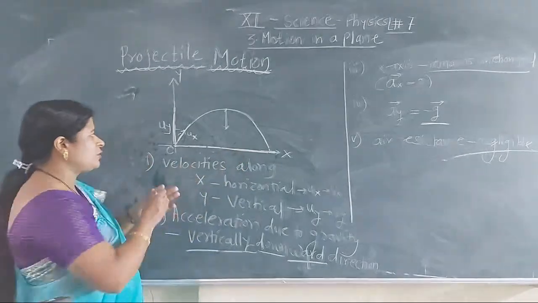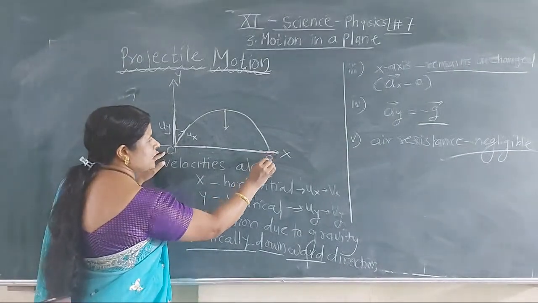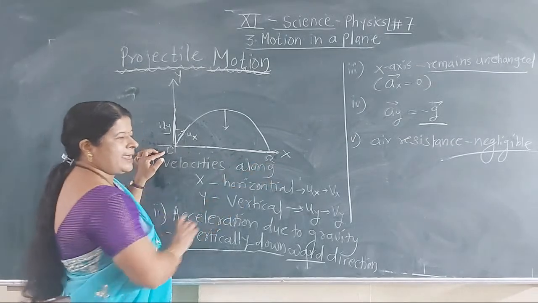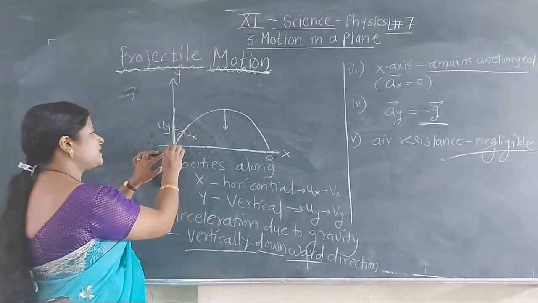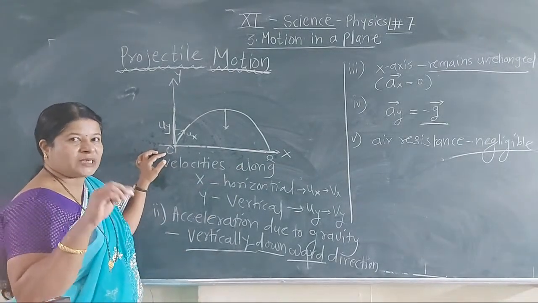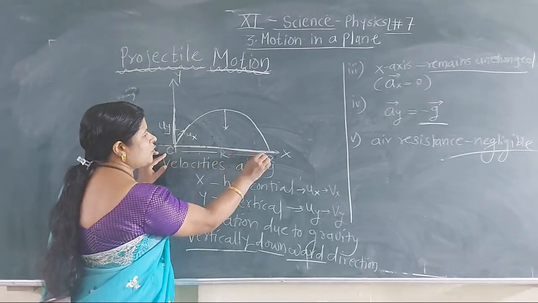When we throw the object from point O and it reaches point Q along the horizontal x-axis, this is the origin point and this is the final point where the projectile reaches. This distance we call the range of a projectile.